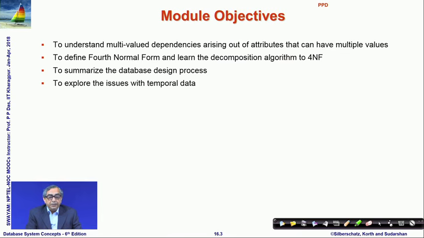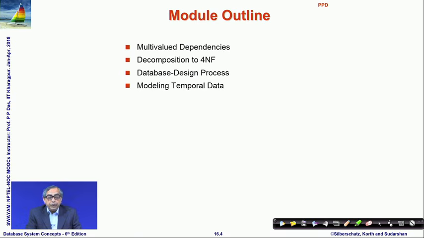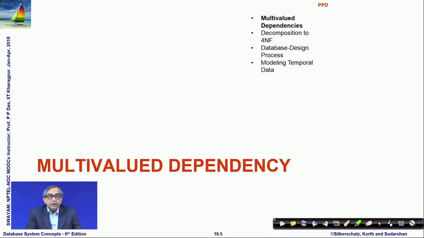Based on that, we will define fourth normal form and decomposition into 4NF, and then we will summarize this whole set of discussions of relational database design and talk a little bit about what happens when you have temporal data in your system. So, these are the outline points based on our objectives.